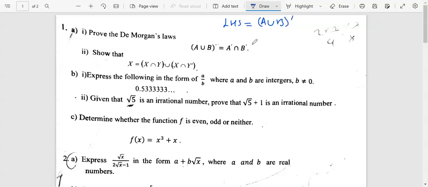So what I'm going to do is let x be a member of this set. So say let x be a member of (A union B) complement. This means that since x is a member of (A union B) complement, x will not be a member of A union B. Is that okay?